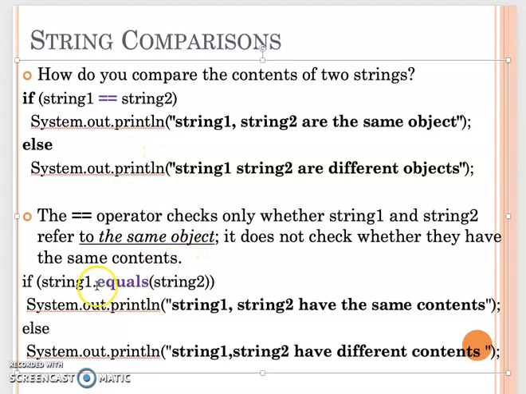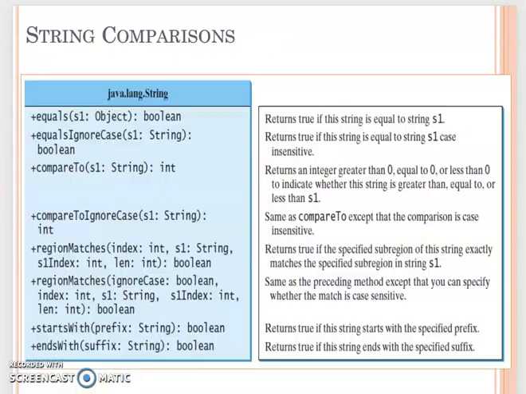If we only want to compare whether string1 and string2 have the same contents, then we use the dot equals method. The equals method also returns true or false, but instead of checking whether they refer to the same object, it only checks whether they have the same content. So that's about string comparison.